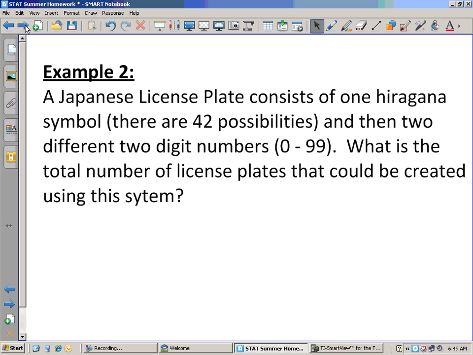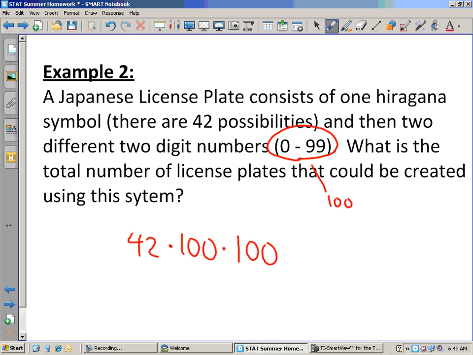So the number of license plates would be 42 times the 100 numbers from 0 to 99. Multiplying these together, we get 42 with 4 zeros, so 420,000 different license plates that could be created using this system.